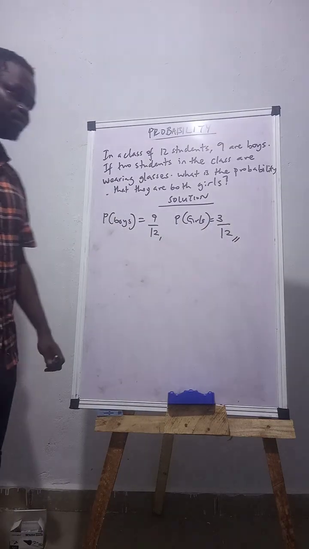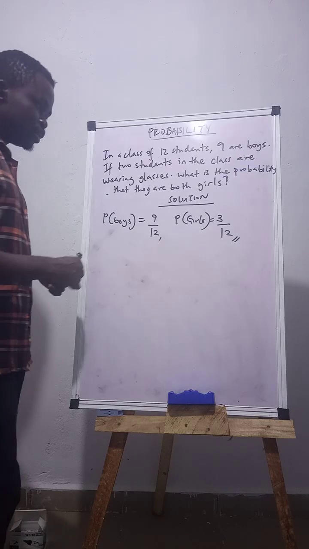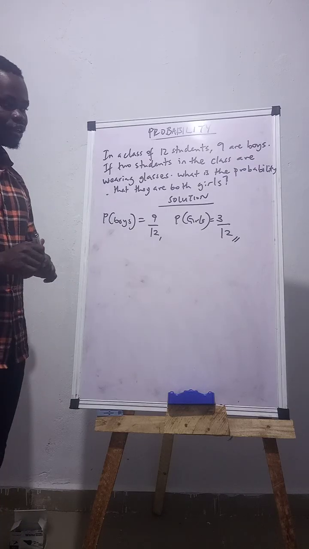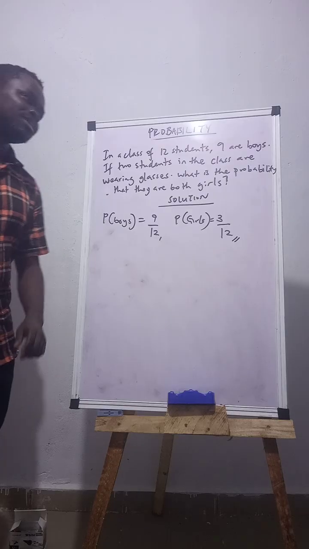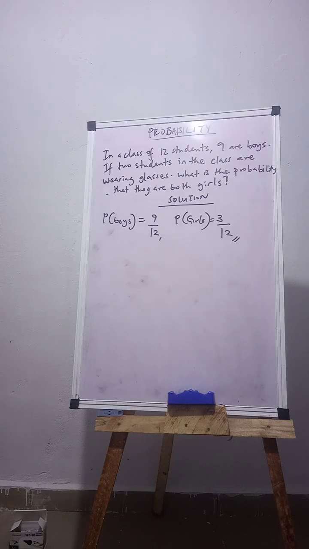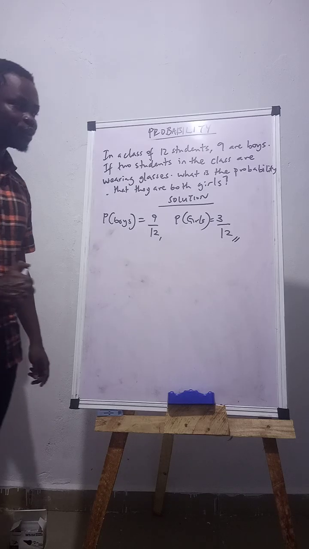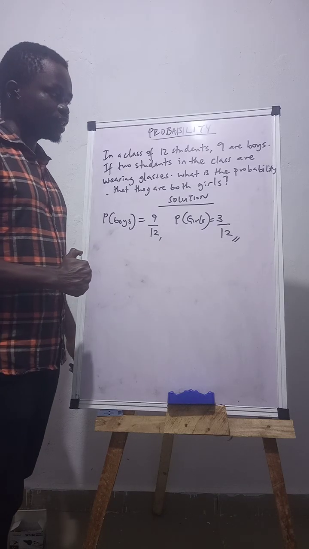Both girls. The probability of the first one being a girl, what would that be? It is 3 out of 12. That's the probability of the first one being a girl. Now, the probability of the second one being a girl will be what?